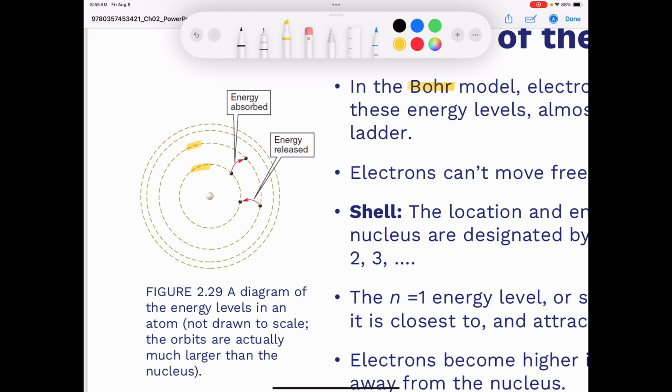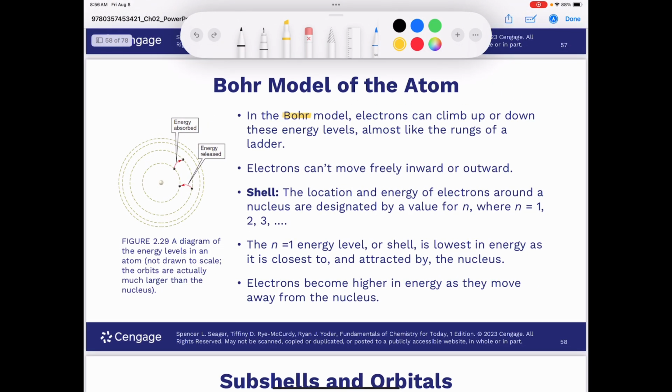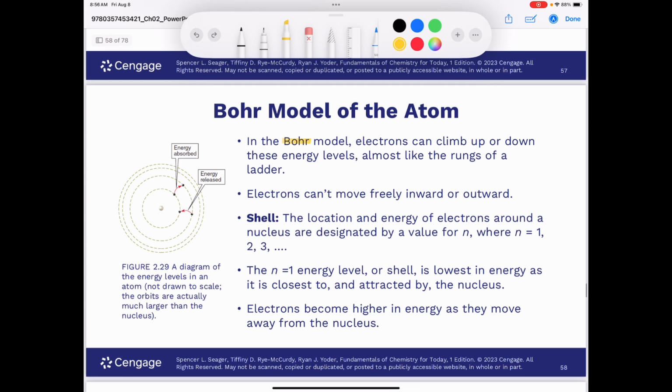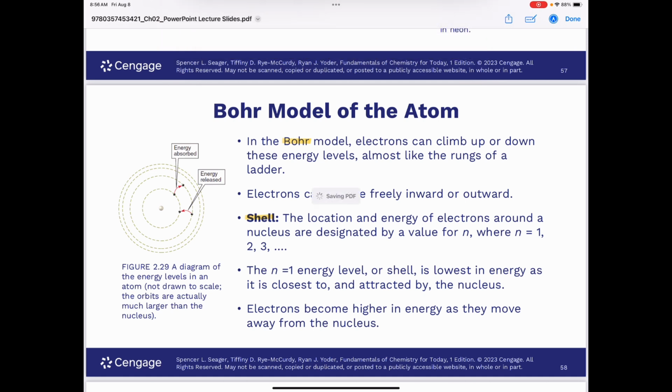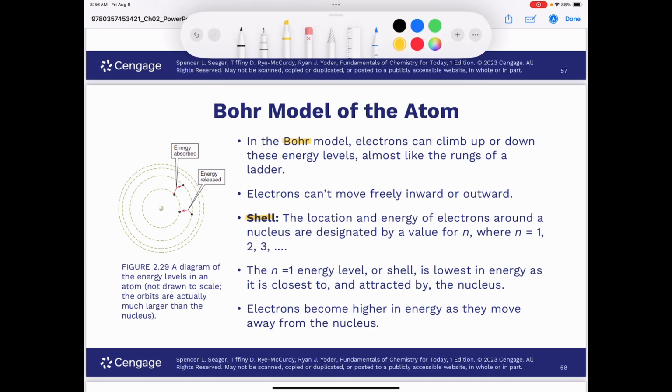There's one here, then we have another one, and another one like that. And we call those specific energy levels shells. So a shell gives you the location and energy of electrons around a nucleus, and it's designated by a value of n, where n is just an integer, 1, 2, 3, 4, 5, 6, and so on and so forth.